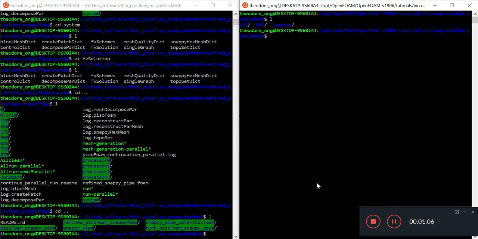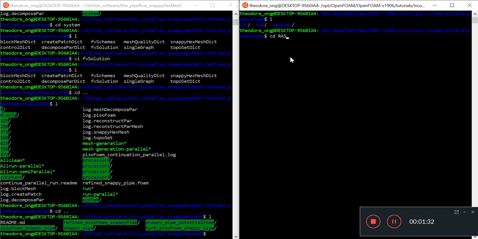So before you want to go and use those buoyantPimpleFoam, it is very useful to see what pimpleFoam looks like without all the heat transfer equations. So as per normal, you have the LES, the large eddy simulation, the Reynolds-averaged Navier-Stokes, and of course the laminar flow cases.